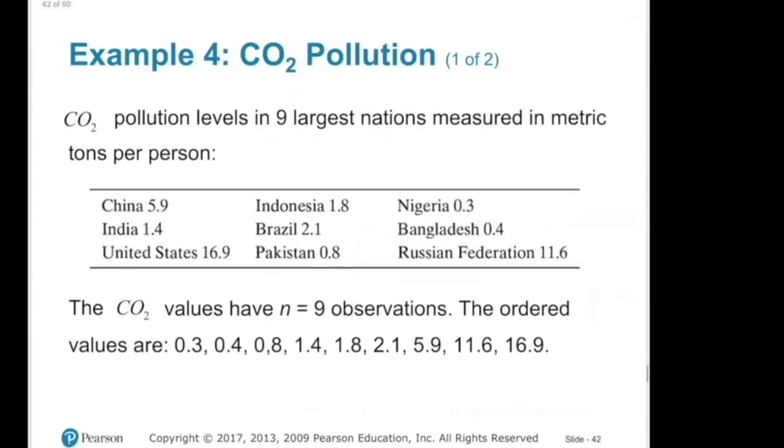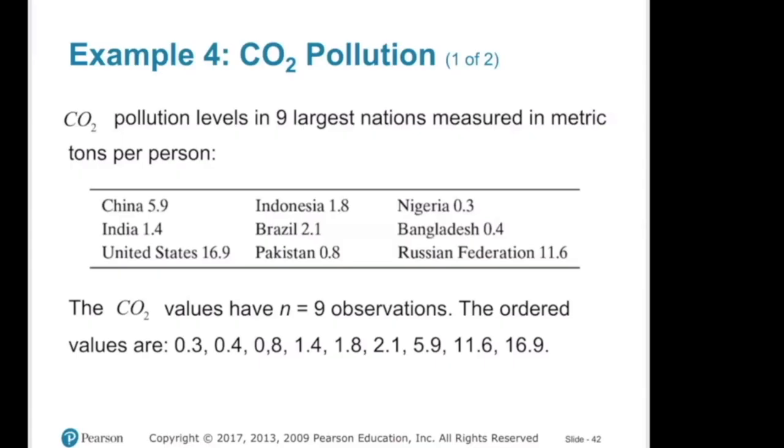For example, suppose you have here the CO2 pollution levels in the 9 largest nations measured in metric tons per person. So we have in China 5.9, India 1.4, United States 16.9, Indonesia and Brazil, all these 9 nations.